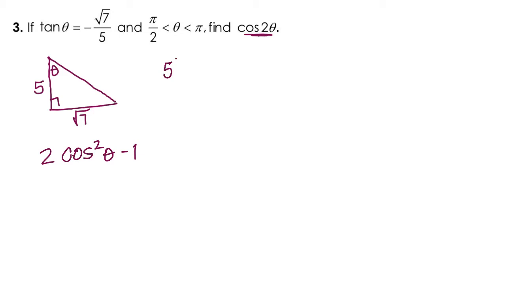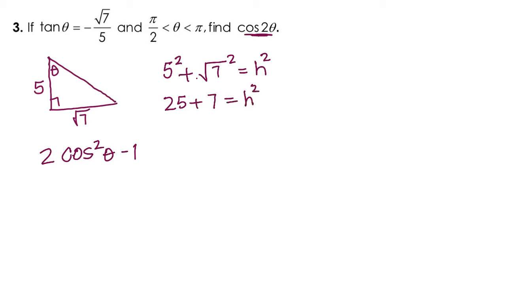We have 5 squared plus square root of 7 squared equals our hypotenuse squared. And if we go through and find our missing side here, that's going to be 25 plus 7 equals hypotenuse squared.